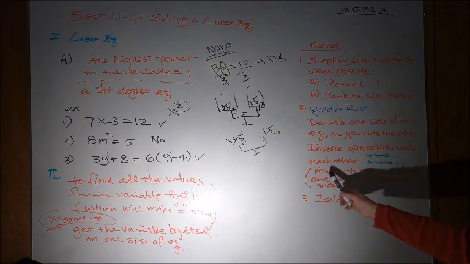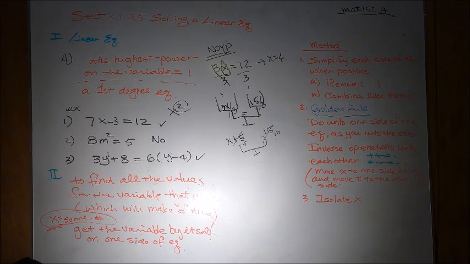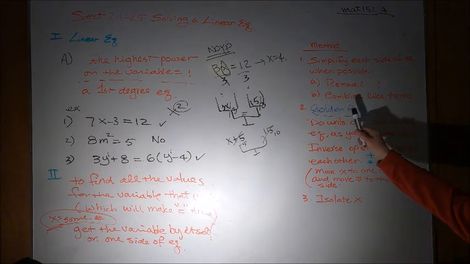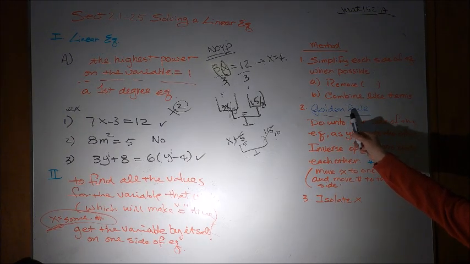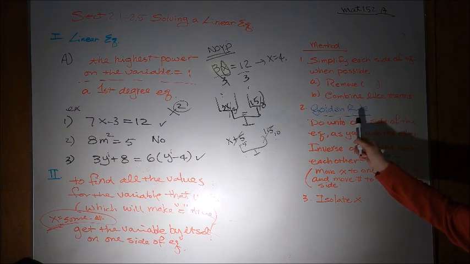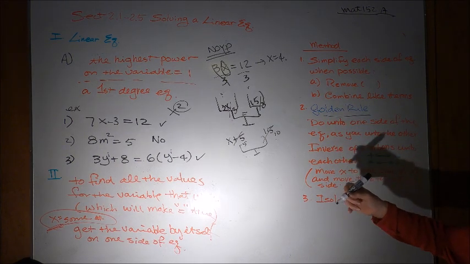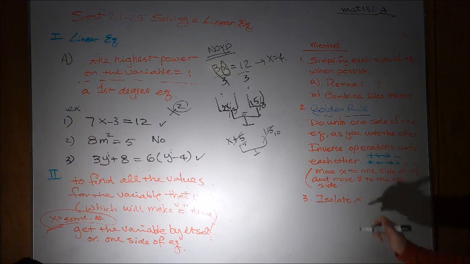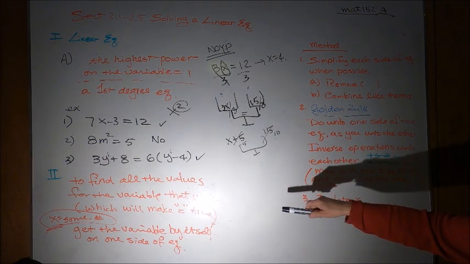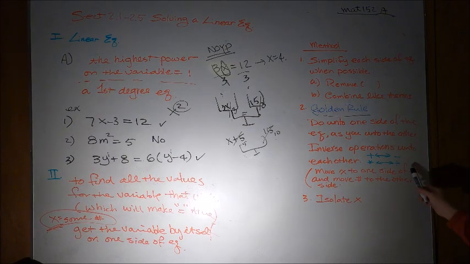So what we do is, we call it the golden rule, which is not a formal term of math. We just call it that to help you remember. Golden means you need to follow it. So we do it to one side, you do it to the other side.